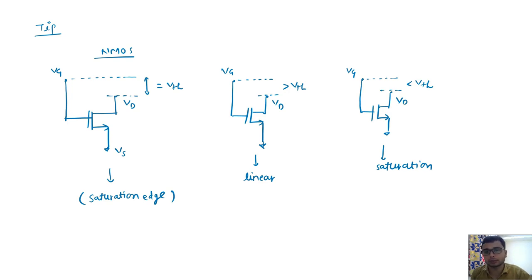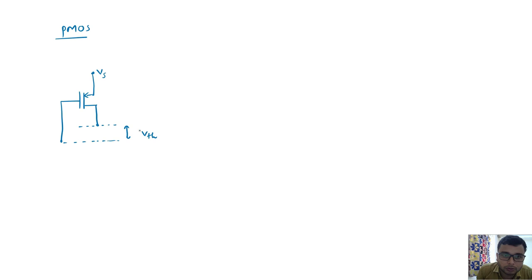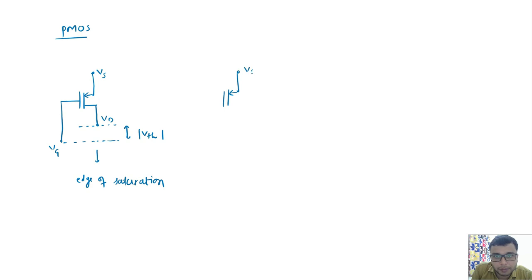I will take a few structures also. So that is for NMOS. For PMOS, this is my source voltage. When this amount is exactly equal to VTH, I am taking a magnitude here because it is PMOS, so it is the edge of saturation. The same concept applies here.